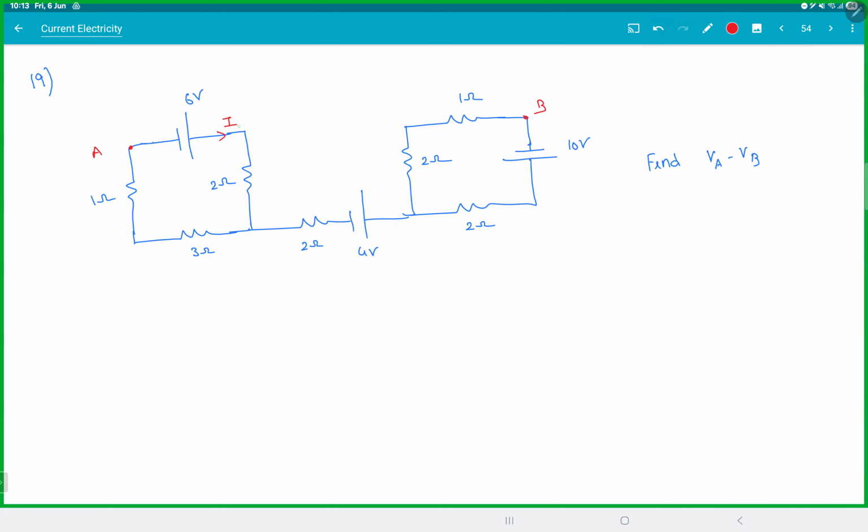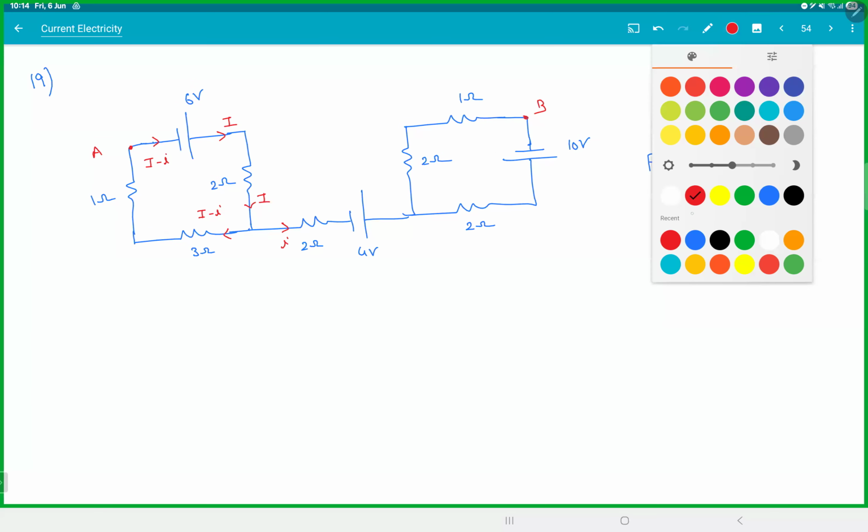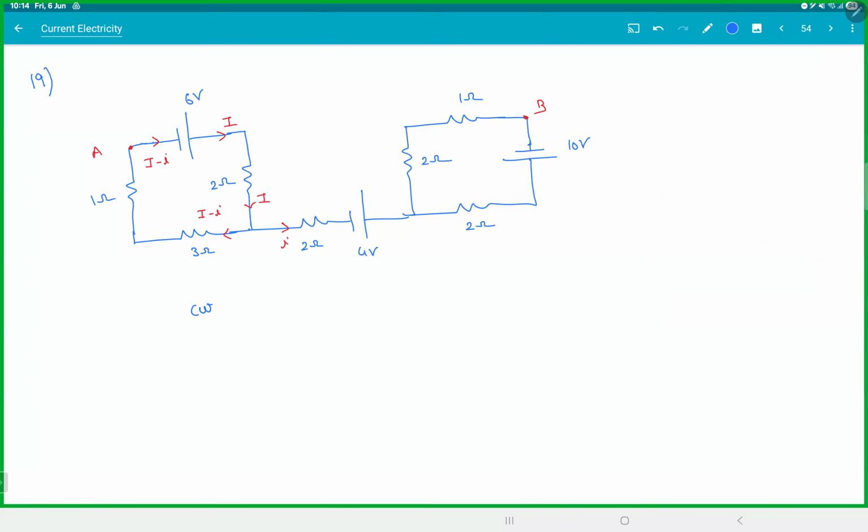So if this is I, this is I minus i, and this is small i, and this is I minus i. So current leaving this 6-volt battery and returning back must be same.